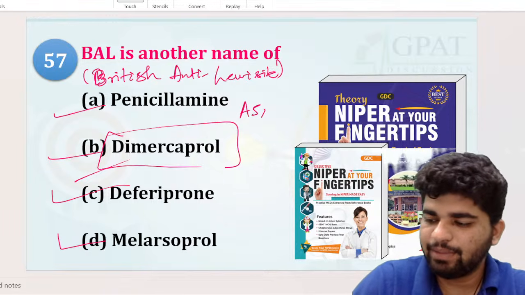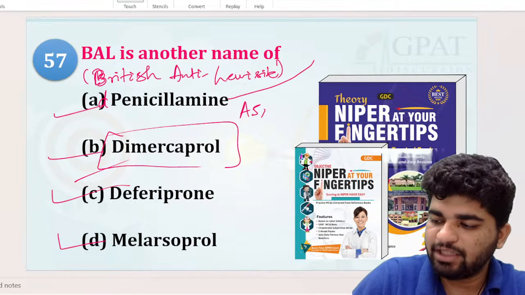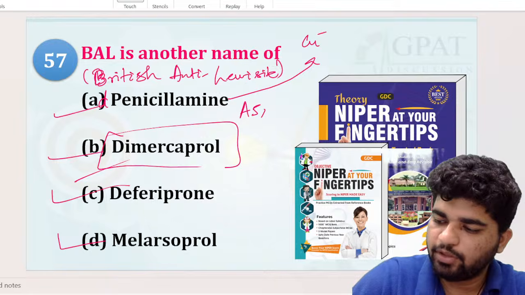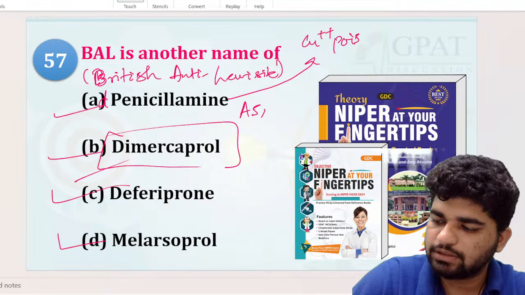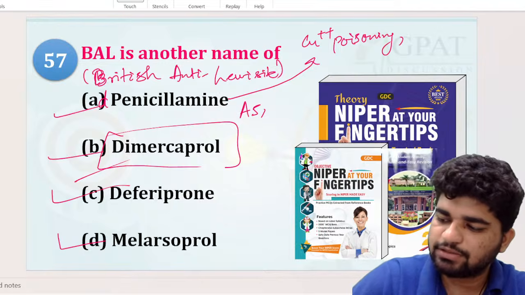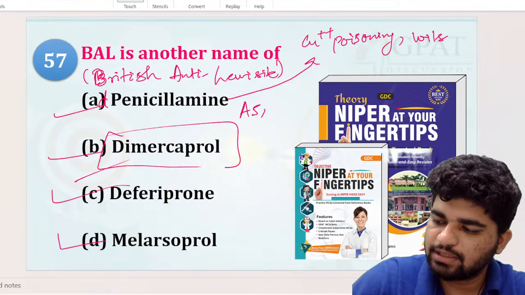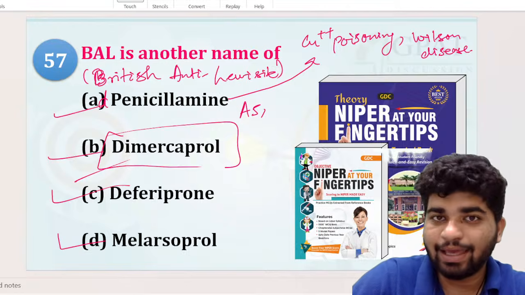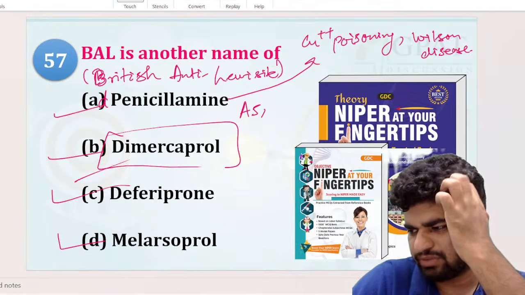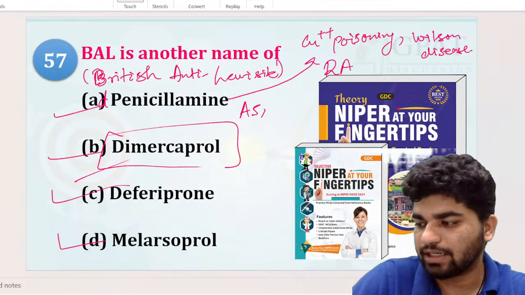D-penicillamine is useful for copper poisoning, as well as Wilson disease, and also rheumatoid arthritis.